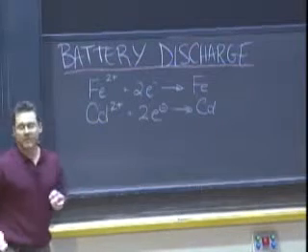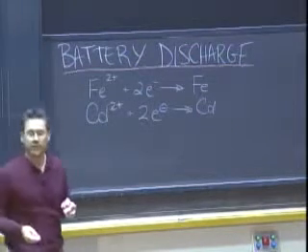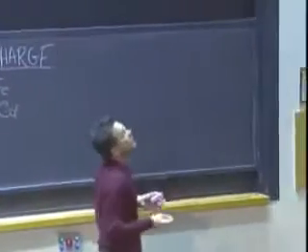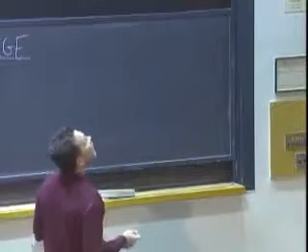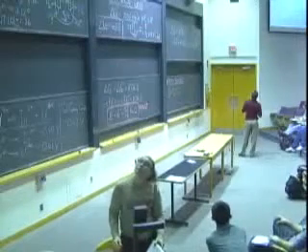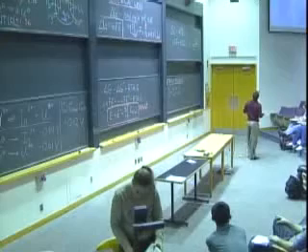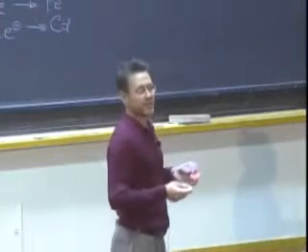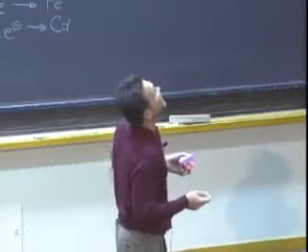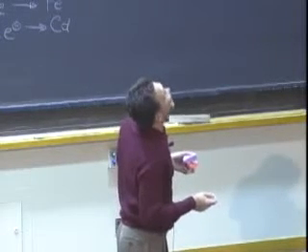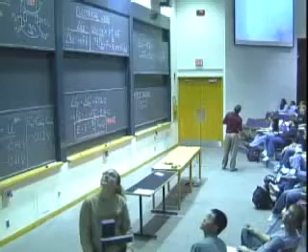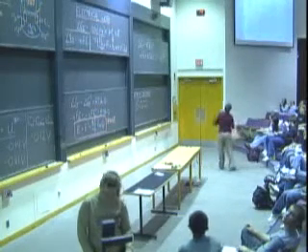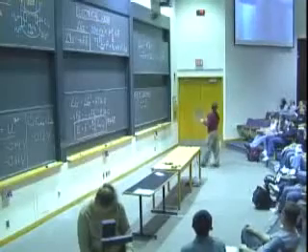So now we need the two standard reduction potentials, first for Fe2+, which is coordinated in aqueous solution to 6 water molecules in an octahedral array, but we'll get to that later. I can see the equation but not the value. And there it is at minus 0.44. Is that what it is?